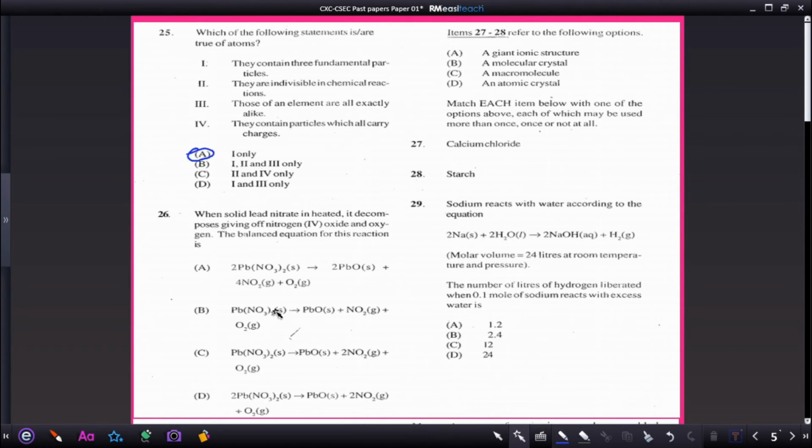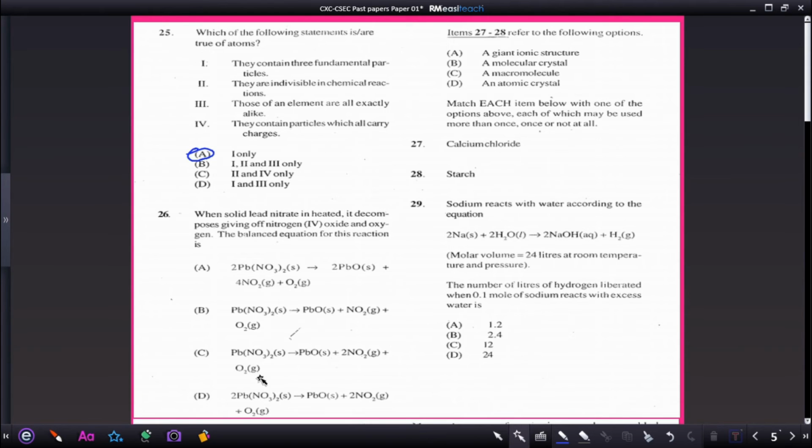Let us look at B. B has, on the reactant side, 6 oxygen. On the product side, it has 2, 3 and 2, 5. So B is out of it. C, there are 6 oxygen on the reactant side, and there are 1, 4, 4 and 1, 5.